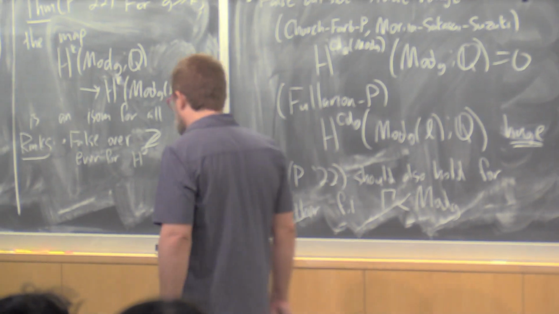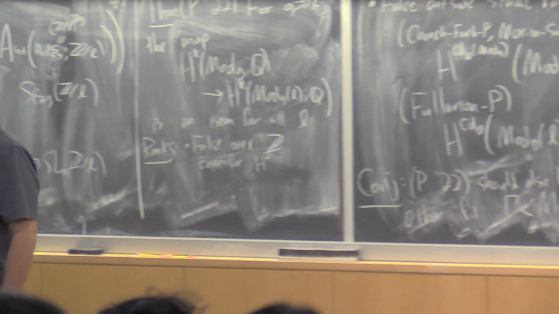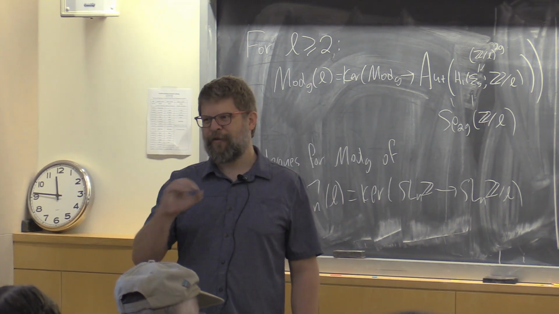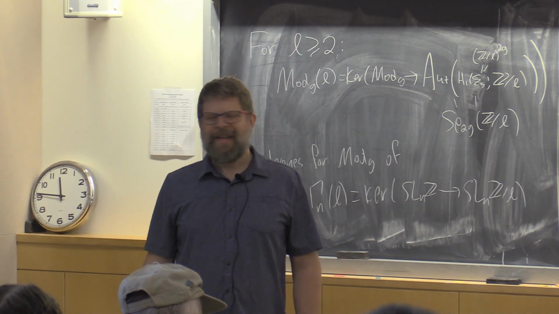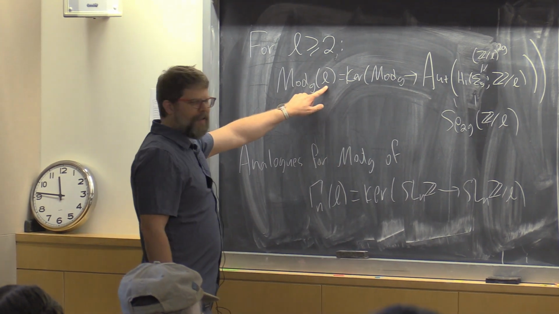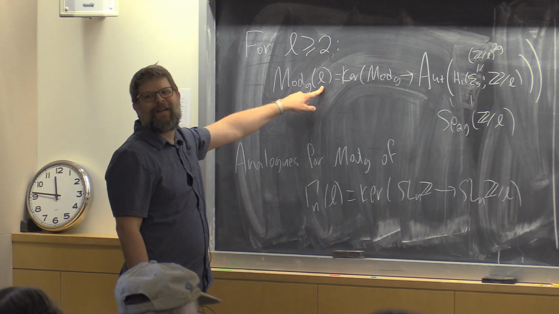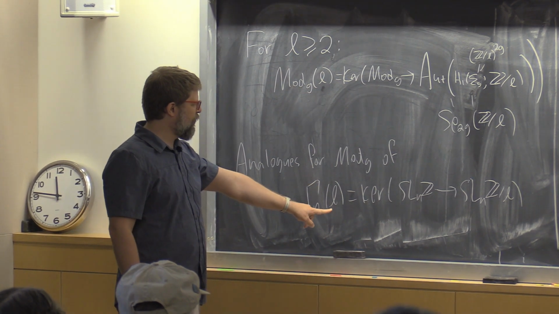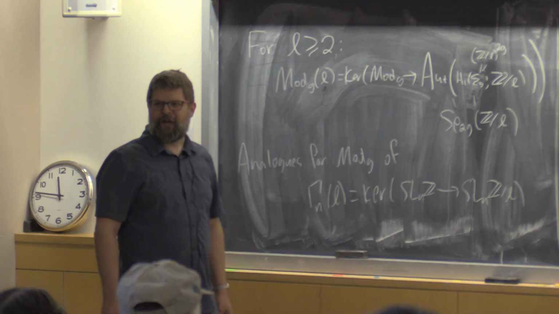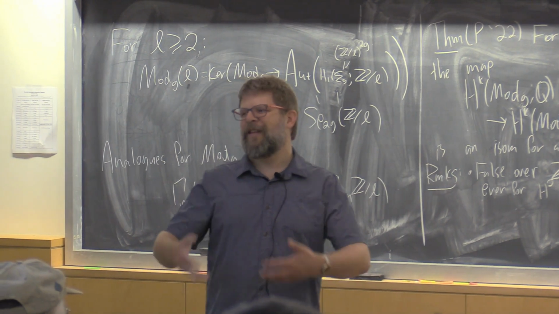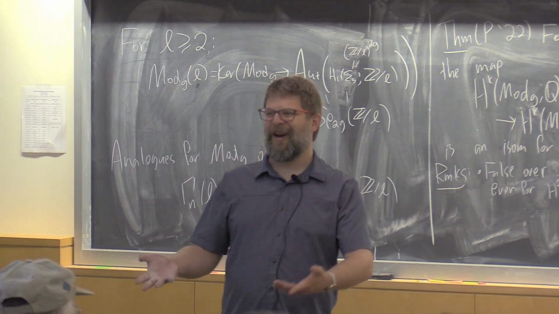The stabilizer is always a finite group, so the question is does there exist torsion-free finite index subgroups? Yeah, that's right. And these ones actually, for L at least 3, are torsion-free. That's also true for SL_N(Z). So these always contain torsion-free finite index subgroups, which is a reason that this is a very mild problem.